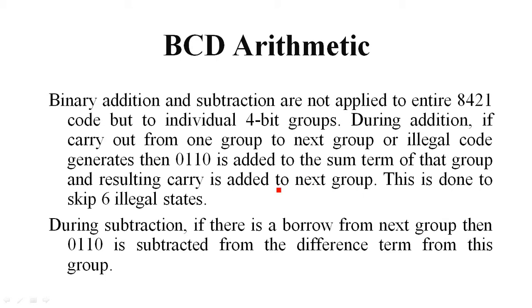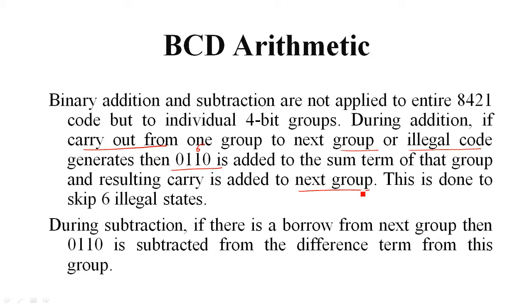During addition, if a carry out from one group to the next group or an illegal code is generated, then 6 or 0110 is added to the sum term of that group and the resulting carry is added to the next group.